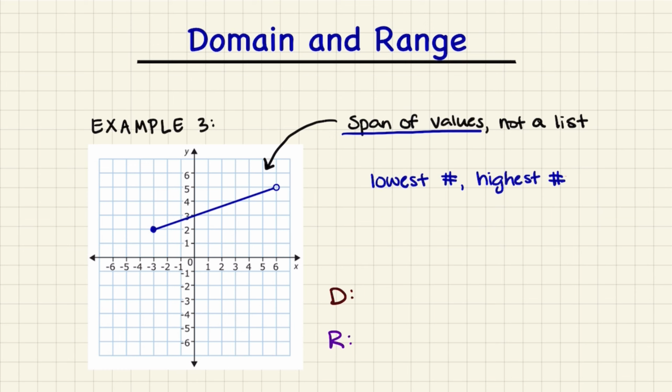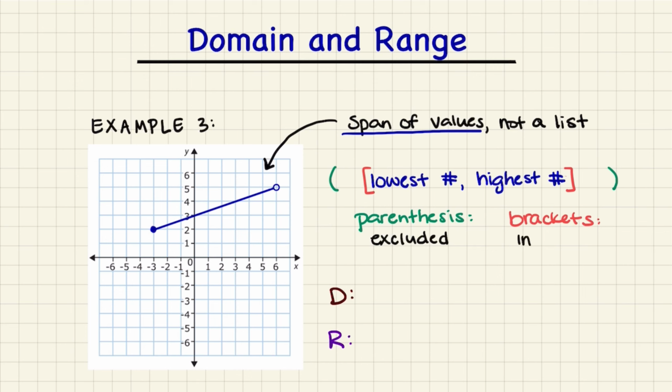And then on the outside of this, we either write a parenthesis, and the parenthesis means the value is not included, or we write a bracket. And brackets indicate the value is included.